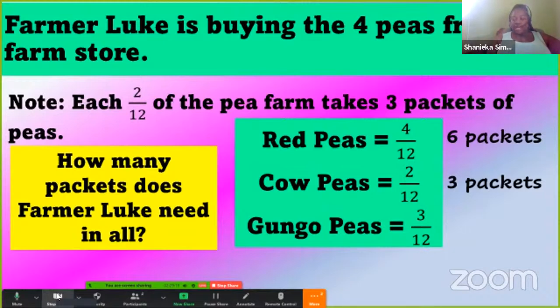All right. So Zarian Wong says 4 packs. Michaela says 4 packets for gungo peas. That's what I want to hear. I want to hear for gungo peas so we know what you're talking about. Kaylee says gungo peas need 6 packets. All right. I'm seeing 4 packets and I'm seeing 6 packets.